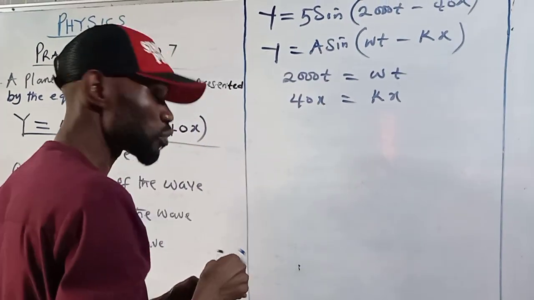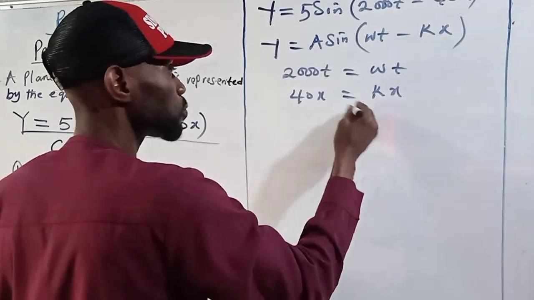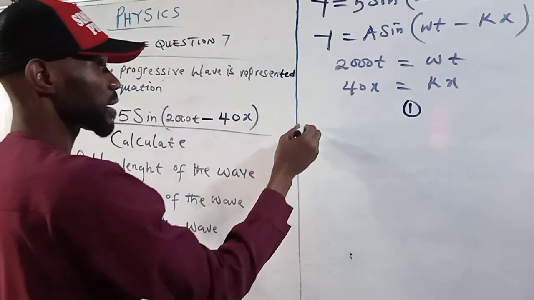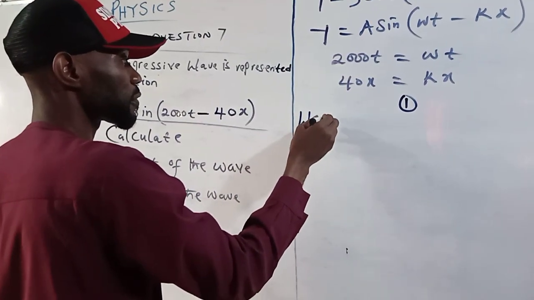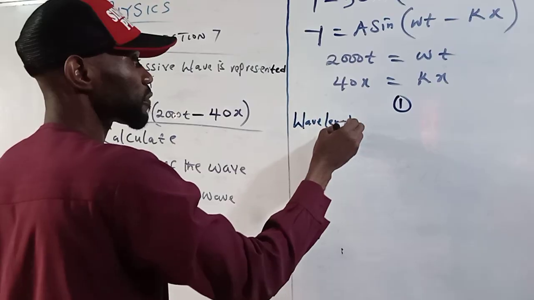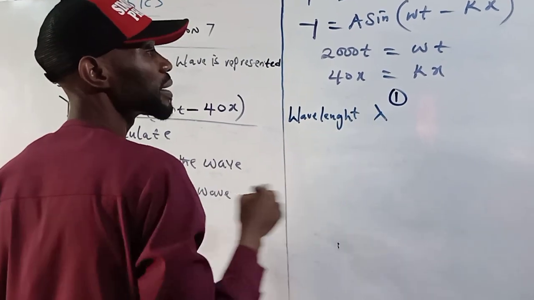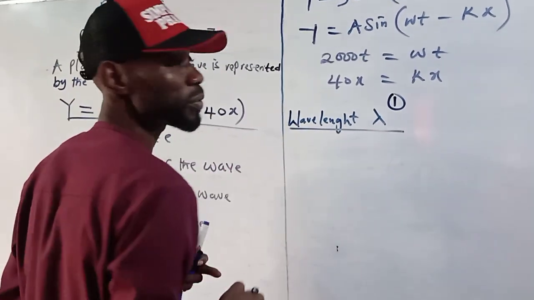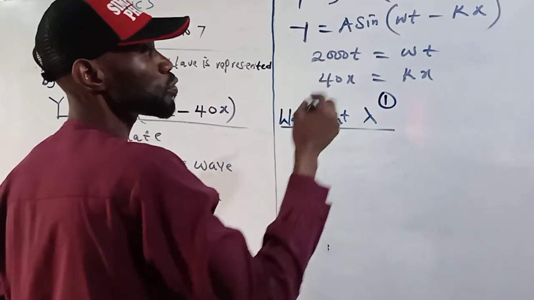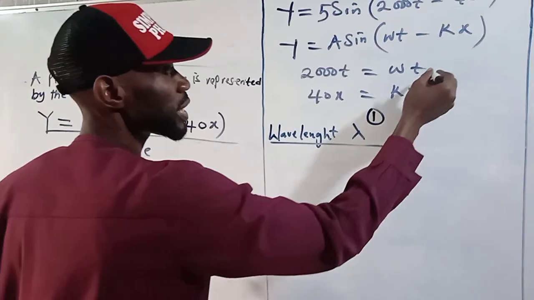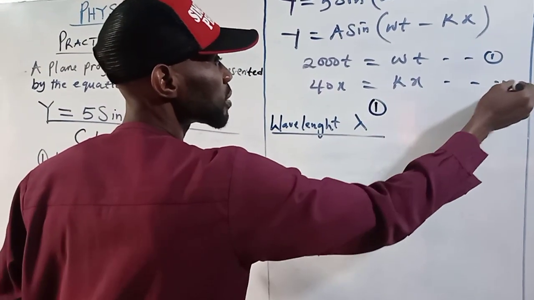Let us solve for question number 1. Question number 1 says we should calculate the wavelength of the wave, which is lambda. How do we solve for the wavelength? You compare these two equations. Here is equation 1, and we'll have this as equation 2.